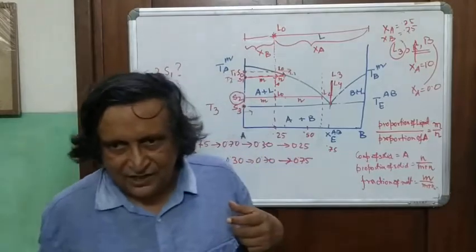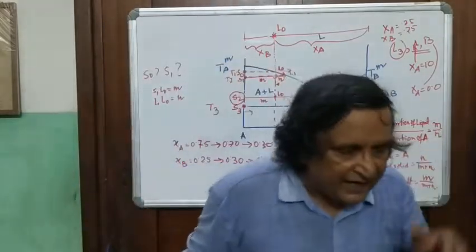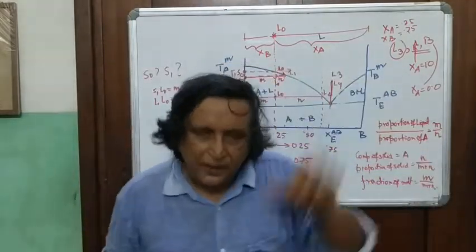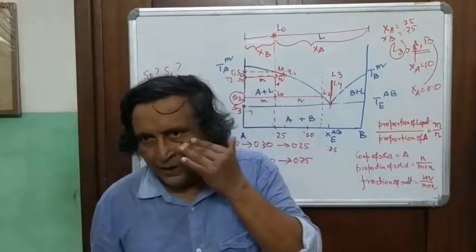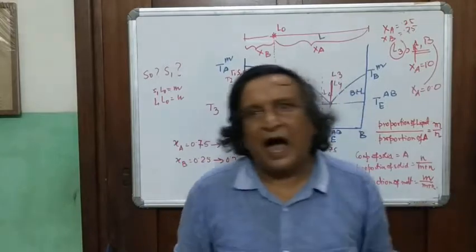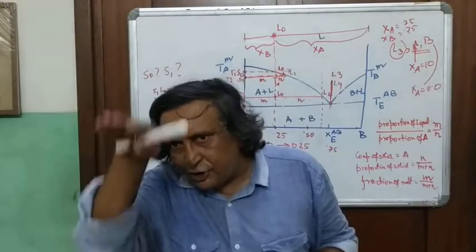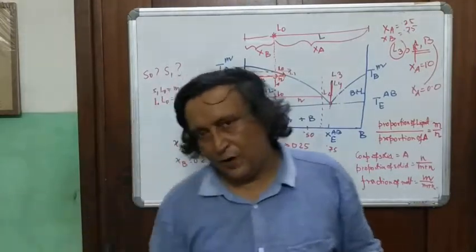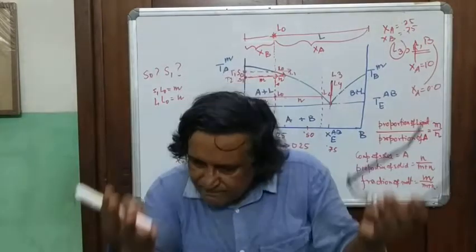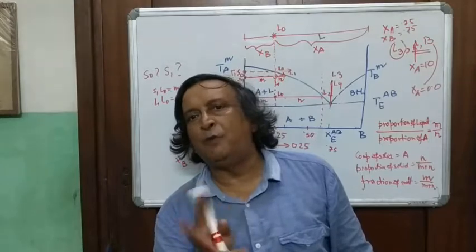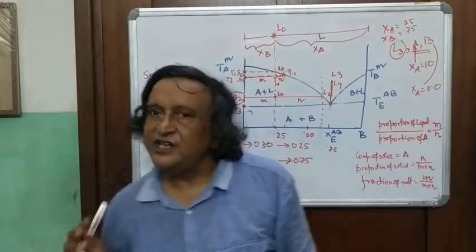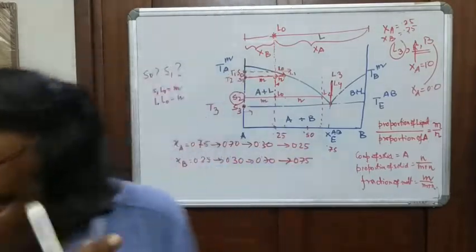Do you understand? Say for example, in a class there are 20 students, 10 girls and 10 boys. If 5 girls go out, to keep the ratio the same, 5 boys have to go out. So the number of students decreases, but the ratio of girls and boys doesn't change. So what will happen here?